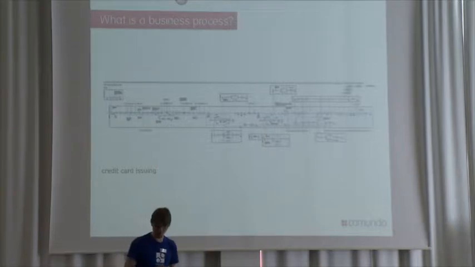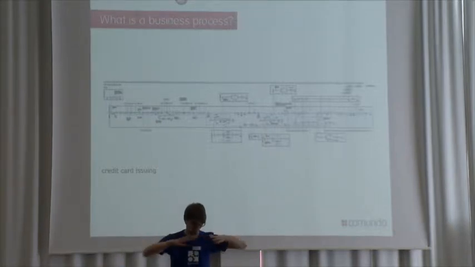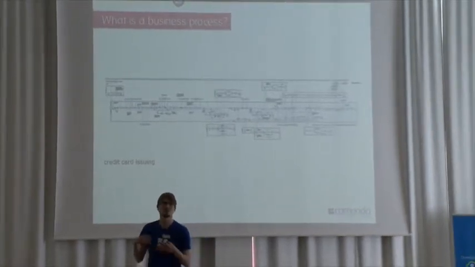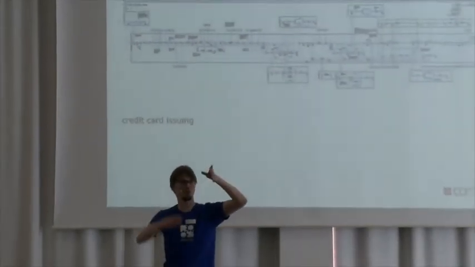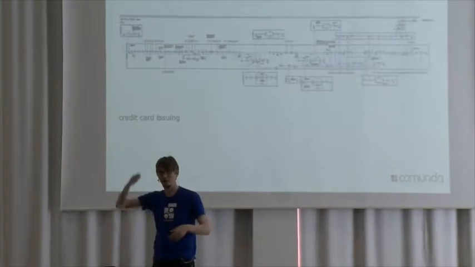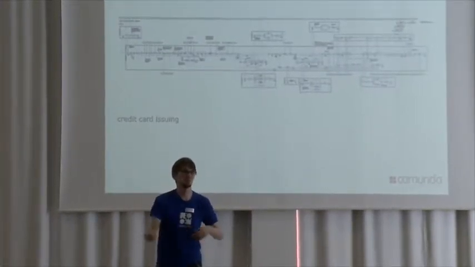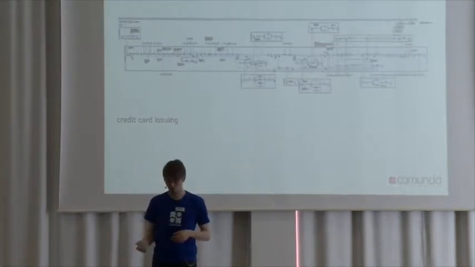And another example to show the average size of processes, because I get asked very often how real life examples look. It's from a German bank: if you want a credit card, it goes through that process, with all the approval steps needed until the card is really issued and sent to you.